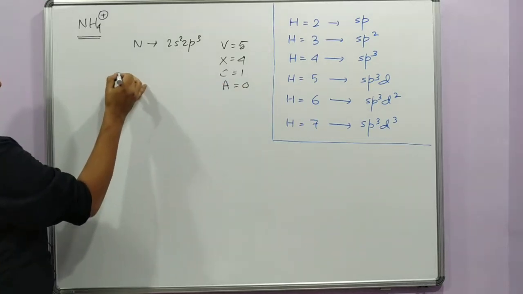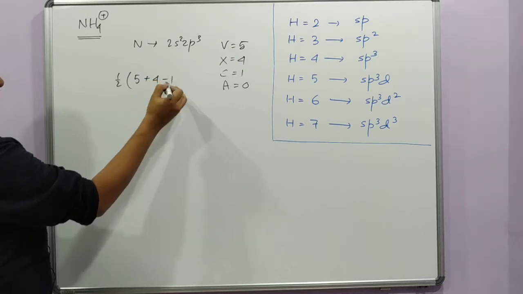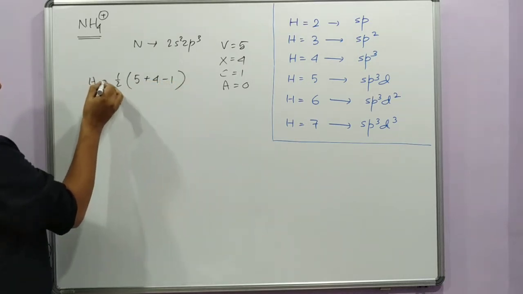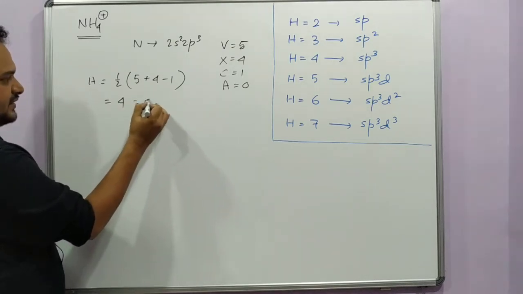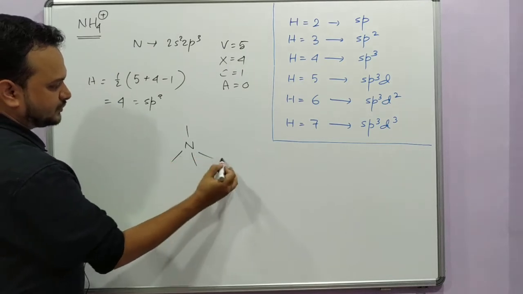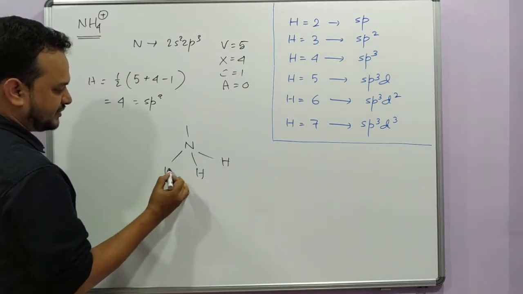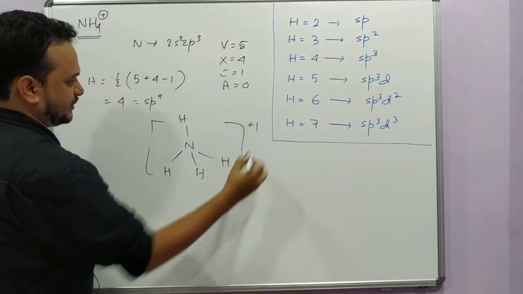So apply the formula now. Half into 5 plus 4 minus 1, that is again giving you 4. That means it is again sp3 hybridized. This is your nitrogen. 4 hydrogens will be arranged tetrahedrally, and the species overall will have charge +1.